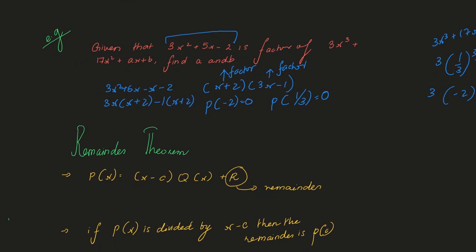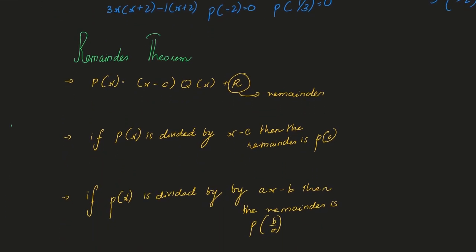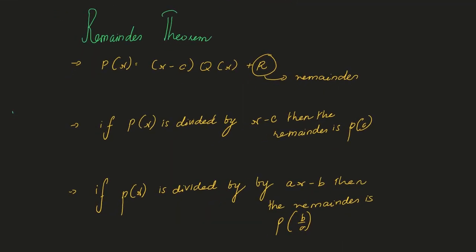Let's just move on to the remainder theorem. The remainder theorem states that, for example, if when we're dividing p(x) by x minus c, x minus c is not a factor, then there will of course be a remainder. So one way to write this would be p(x) is equal to (x minus c) times q(x) plus r.